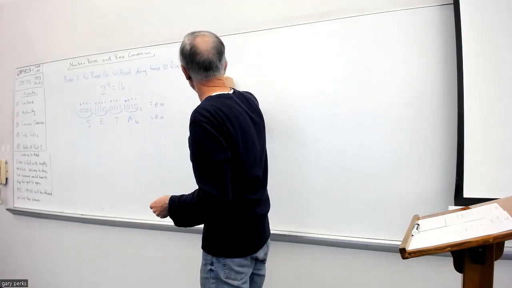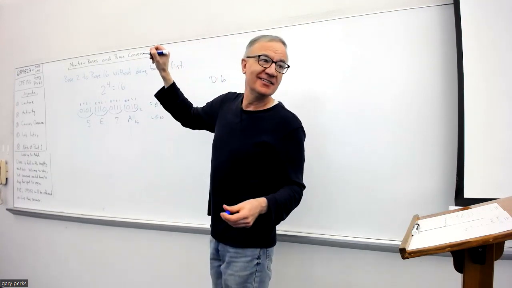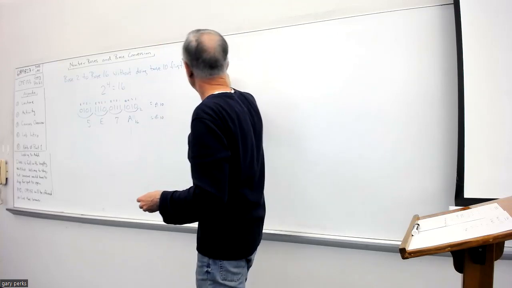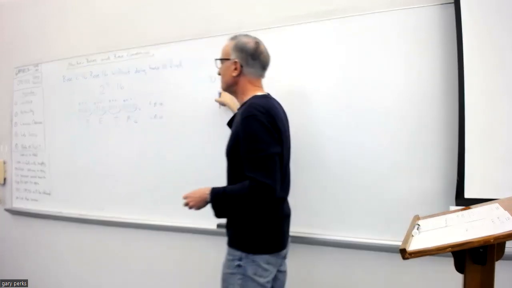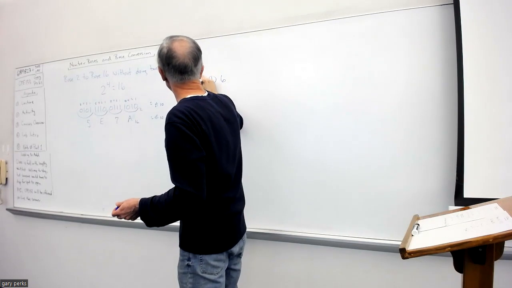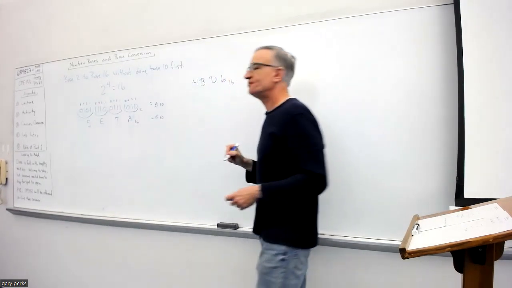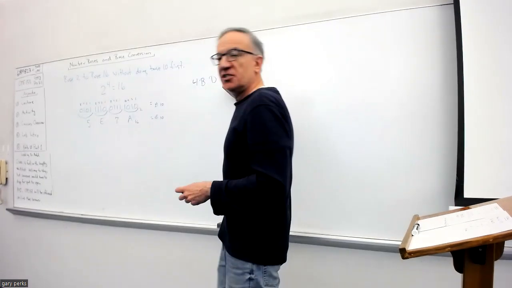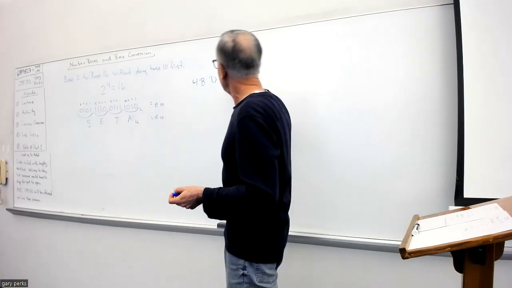Okay, 4D6B. To go the other way, each hexadecimal character is represented as a 4-bit binary number.